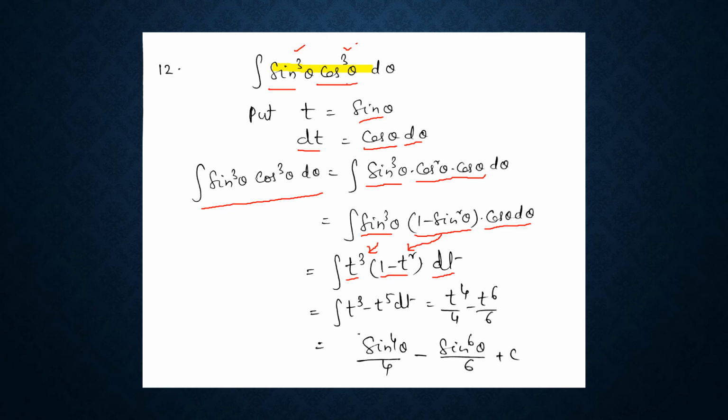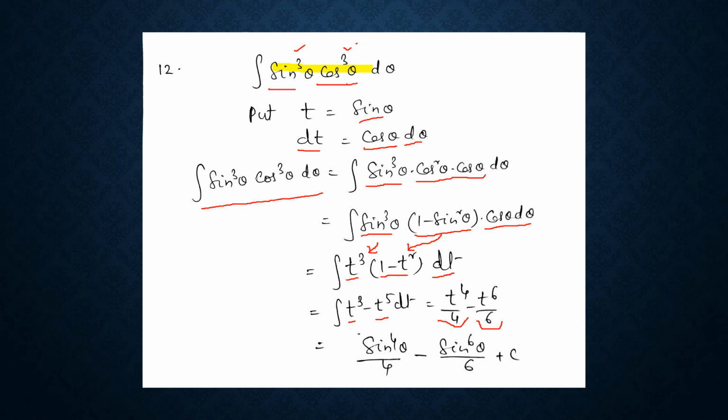That is integral t cube minus t cube into t square, t to the power of 5, dt. Now integrating separately, we will get integral t cube dt is t to the power of 4 by 4, minus integral t to the power of 5 dt is t to the power of 6 by 6.